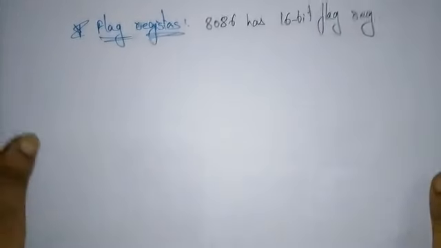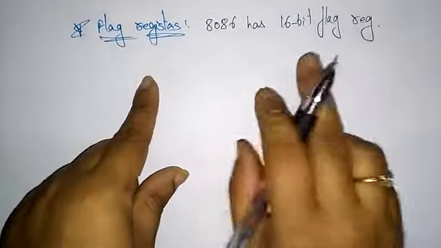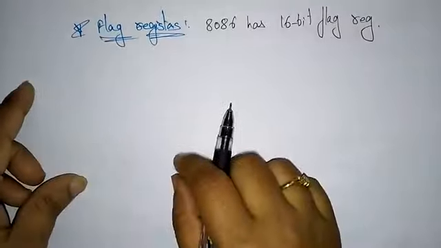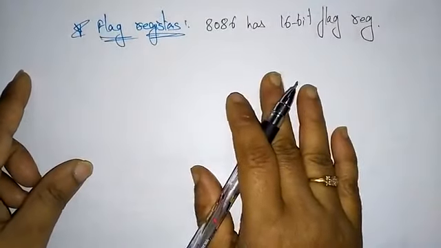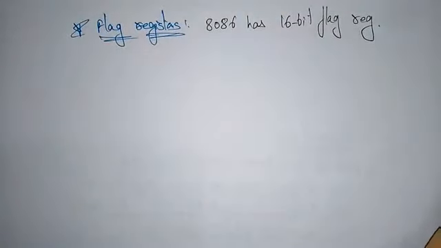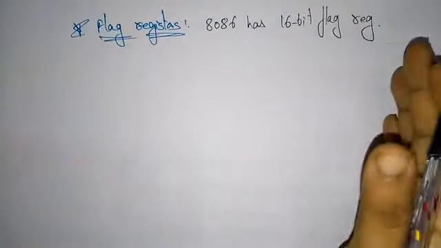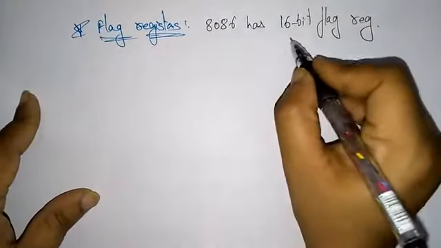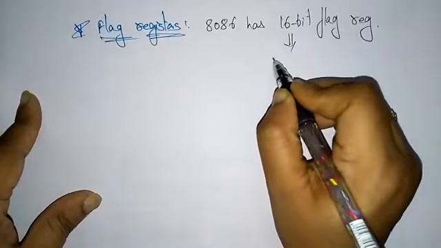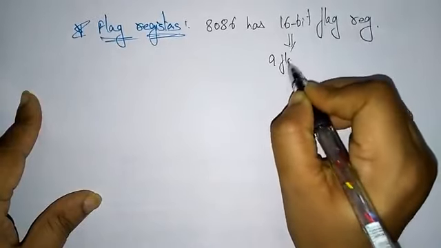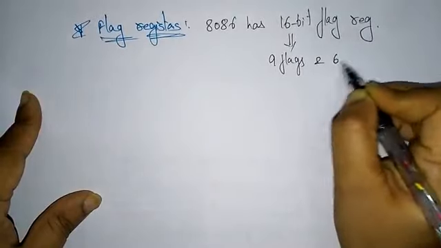The 8086 microprocessor has a 16-bit flag register. Among this 16 bits, we use 9 flags and the remaining 6 are unused.